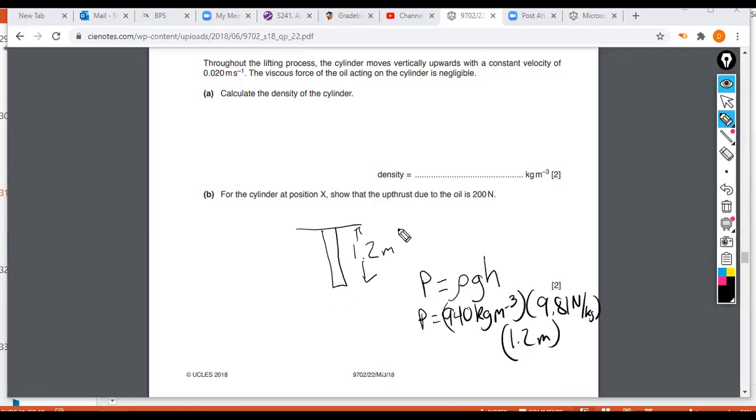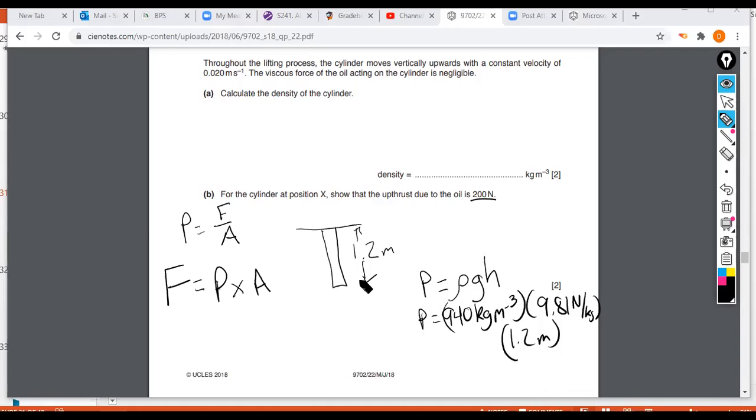If we're trying to calculate the force of 200 newtons from the upthrust of the oil, then let's remind ourselves that force is going to be pressure times area, because pressure is force per area. And so we can use this equation to calculate the pressure.